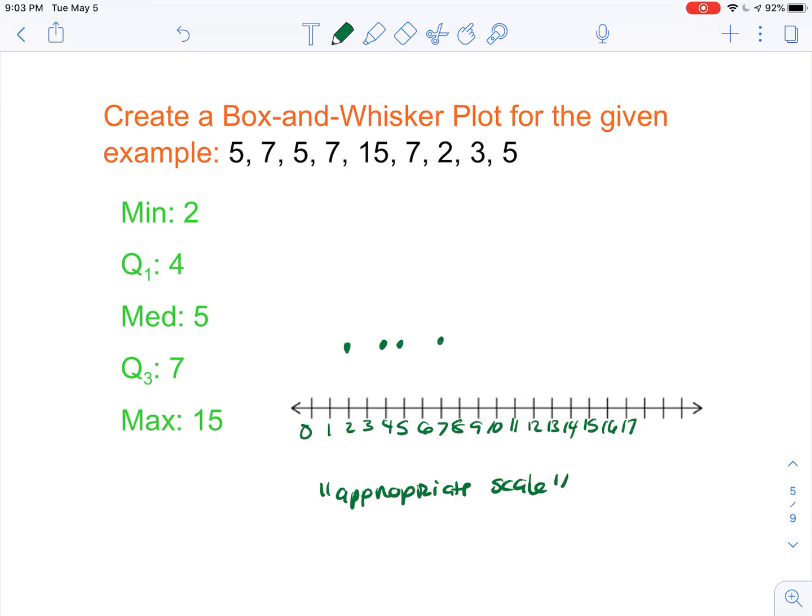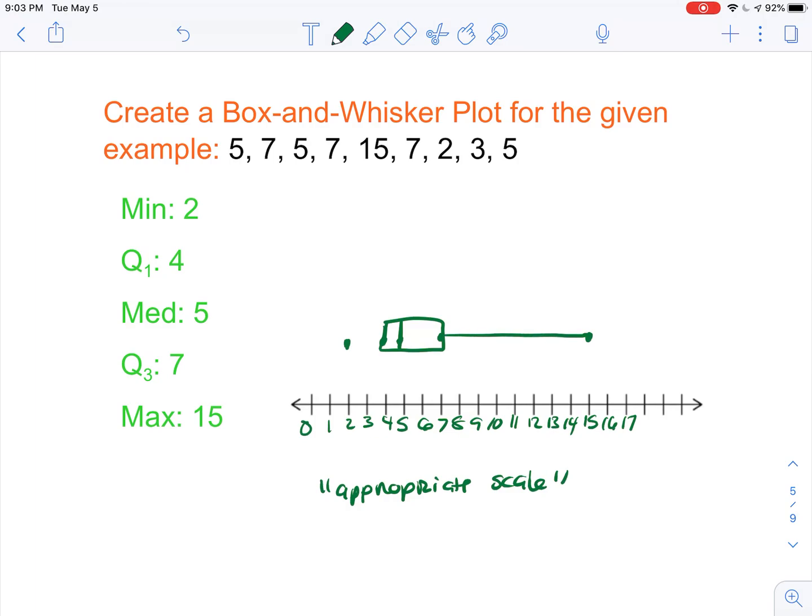Well, first I draw a point hovering above the line for each value: our minimum, Q1, our median, Q3, and our maximum. Next, I typically draw the box, so connect these inner values, give it a belt, and then connect my whiskers to the sides of the box. So that is a box plot, or box and whisker plot.